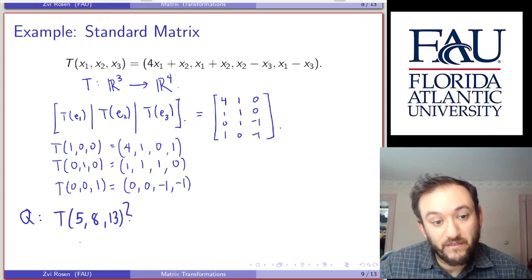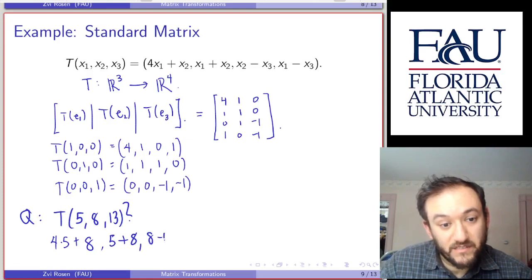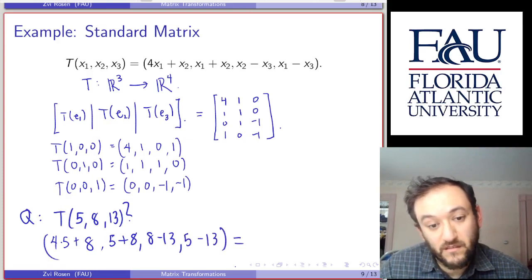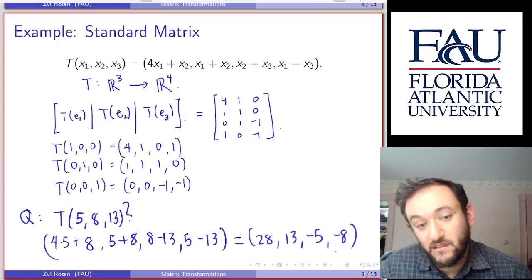So I would say 4 times 5 plus 8, and 5 plus 8, and 8 minus 13, and 5 minus 13 will give us 28, 13, minus 5, and minus 8.